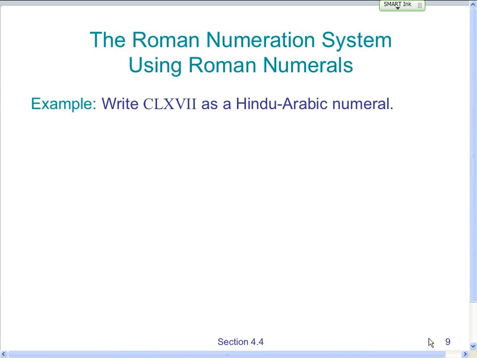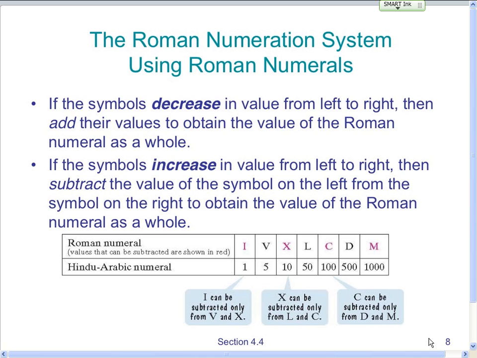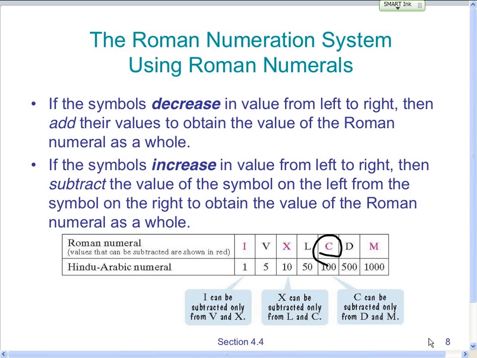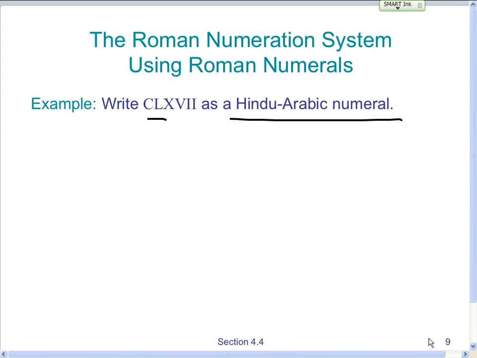All right. So we want to figure out what CLXVII is as a regular number. You're going to have to memorize this, but in the meantime, we don't have this memorized yet. The C stands for 100. The L is a smaller number, so you're going to add the L. So C is 100, L is 50. Add the 50.